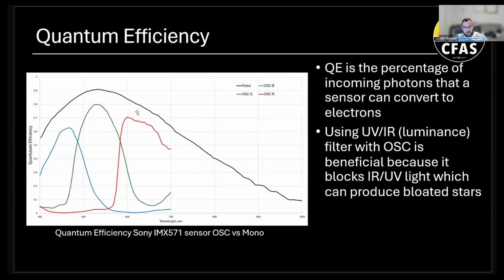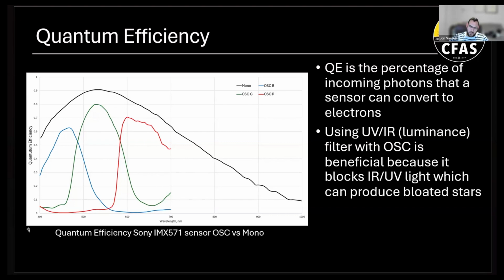So just to harp a little more on the efficiency, each camera will have something called the quantum efficiency, and each sensor will have its own different quantum efficiency. You can go to your camera manufacturer's website, and they'll typically post it. That's the percentage of the incoming photons that the sensor can convert to electrons, right?